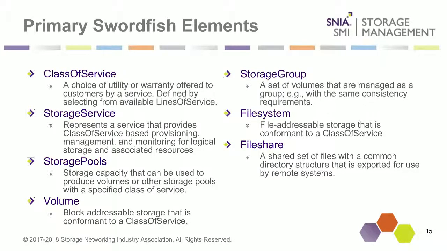Then underneath that, the storage service, which is actually the provisioning of that class of service. And underneath that, storage pools that provide us with the storage. So these are hierarchical descriptions of how to go about describing a service. Then below that, the individual pieces, the volumes, the storage groups, the file systems, and the file shares that we can present up through these storage pools and then onto the class of service.